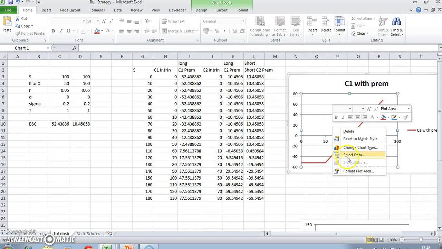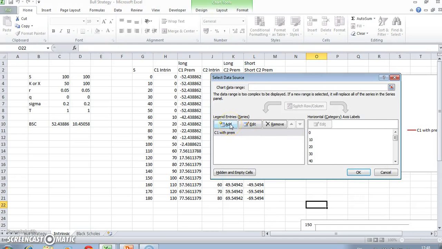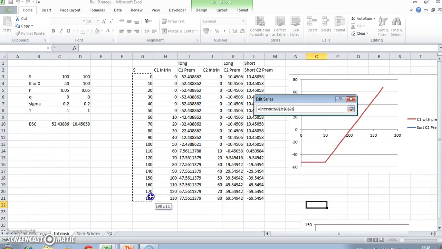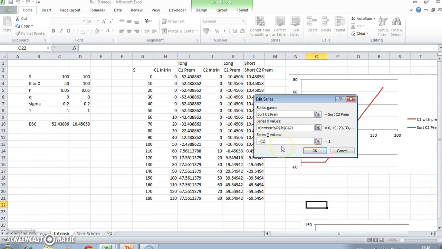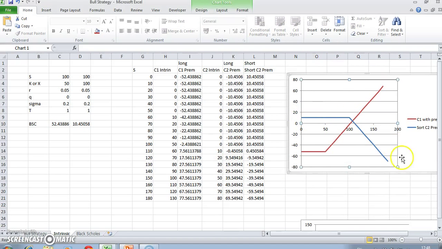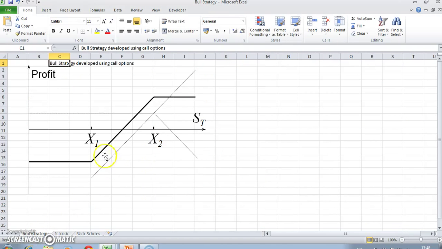So we'll say edit data, select data again, add C2, so I should say short C2 with its premium, X values of the underlying, Y values, these values here. Okay, and you can see we have the basis of what was here. So we have the long position and we have the short position.